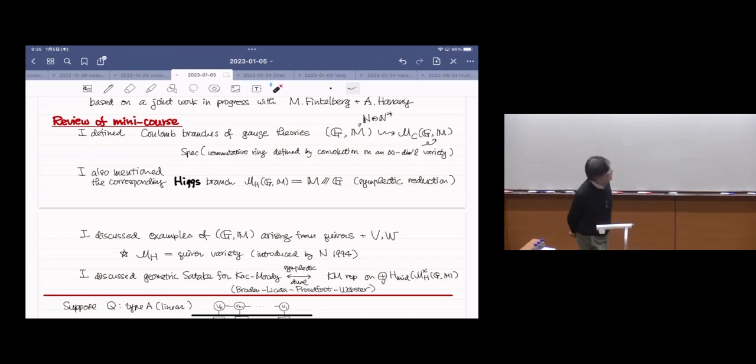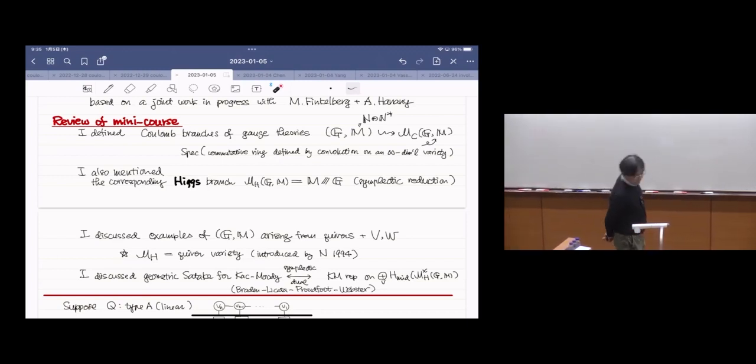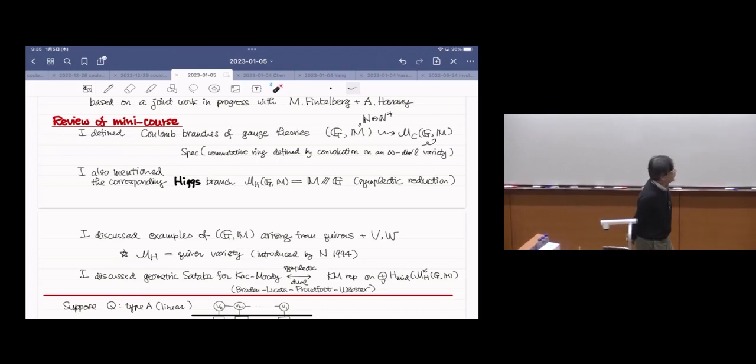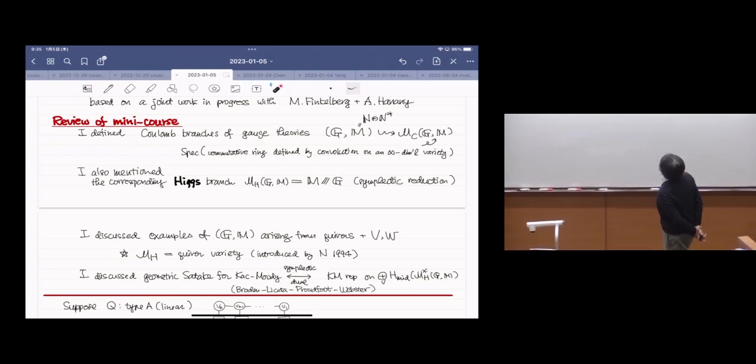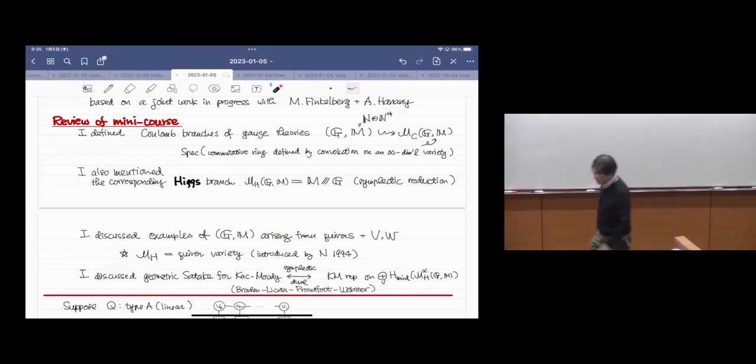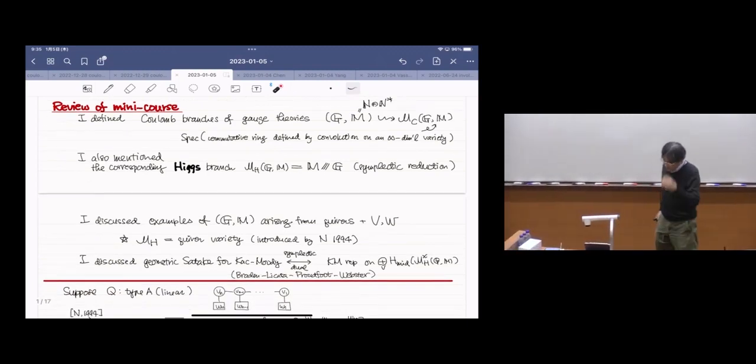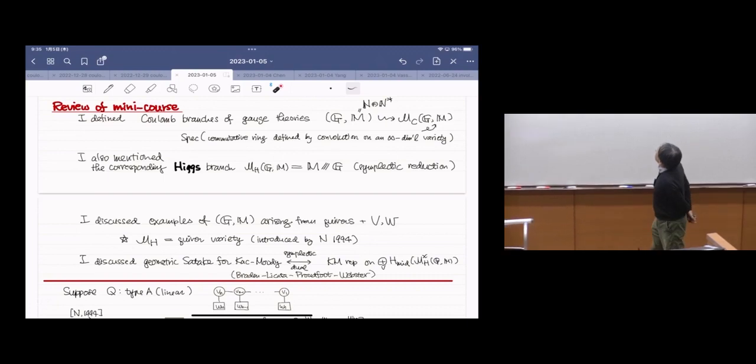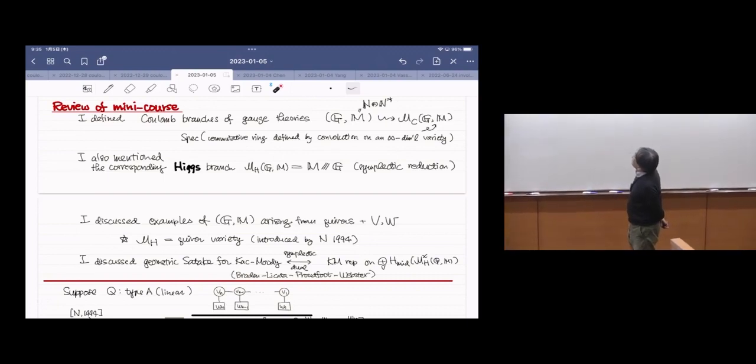So I will not recall what it is, but you will see what G and M are in a slightly different situation later, so I don't need to recall the precise definition. So anyway, the Higgs branch in this case is what I called quiver variety. I introduced this in 1994.